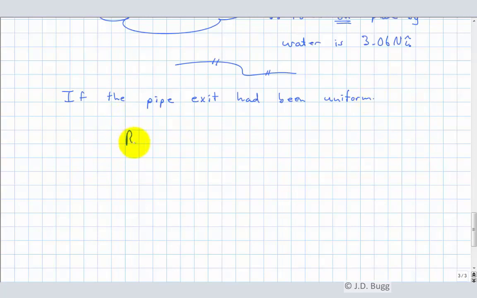Well, in that case, we could use the uniform flow assumption. So looking just at our x component, the reaction in the x direction would be minus, because it's an inlet, m dot times the x component of velocity at that inlet.